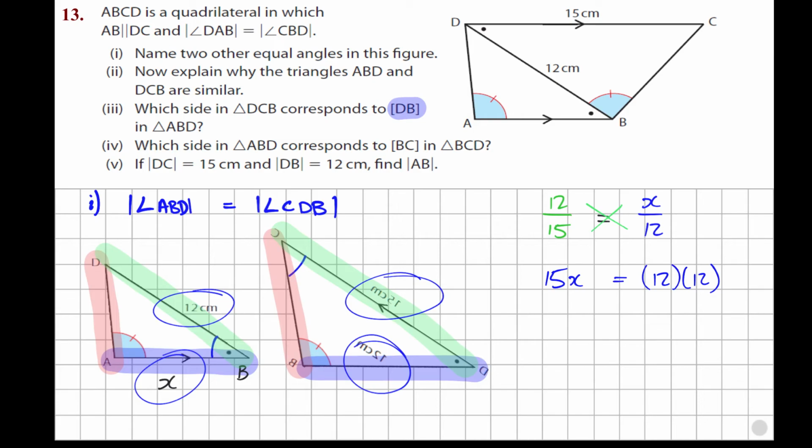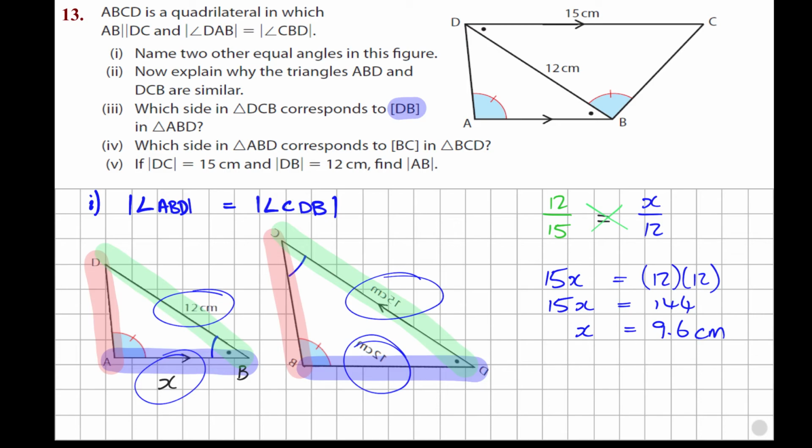So 15x will be equal to 144. So to find out what x is, I need to divide both sides by 15. So 144 divided by 15 gives us 9.6. And that's obviously in centimeters.